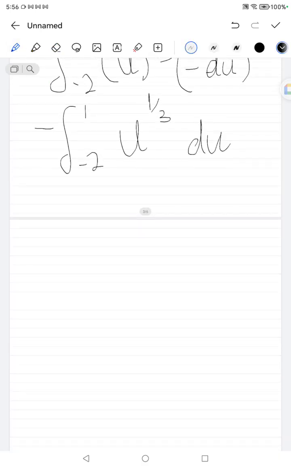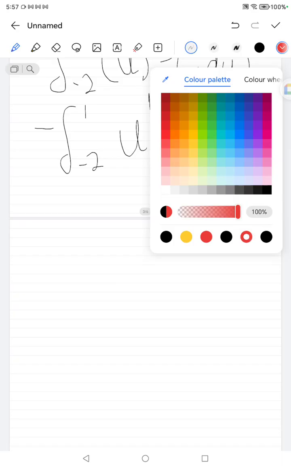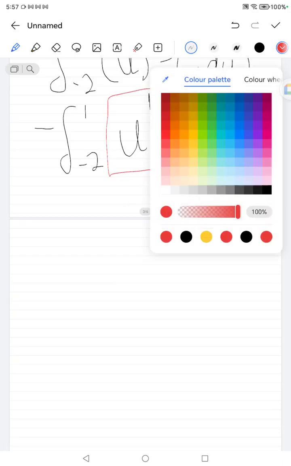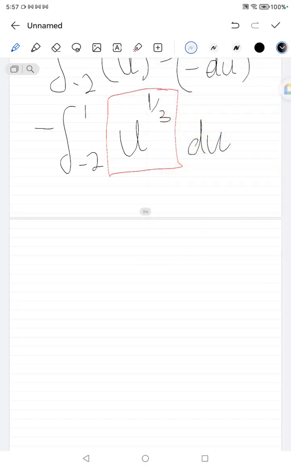So what do you have? We focus on this region here, and you can still see that whatever we are doing, we're still using the power rule. The power rule is just simple. What are you going to have?